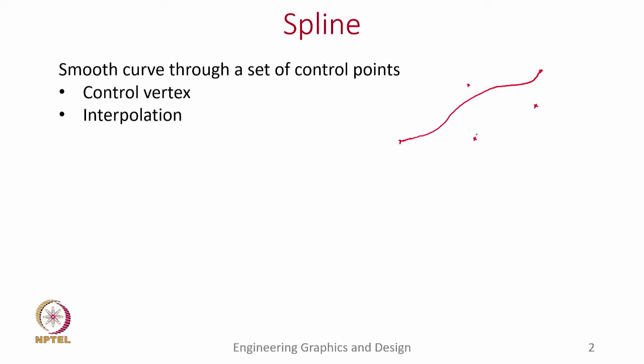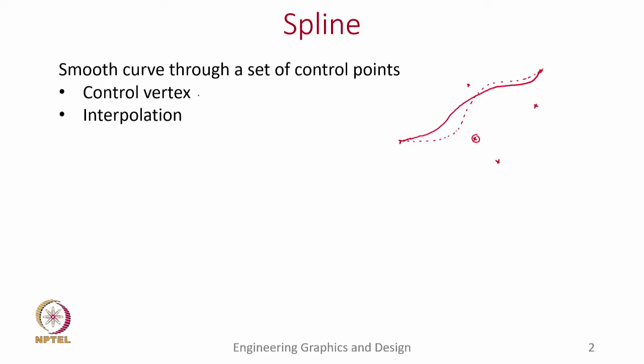So, for example, let us say this control vertex is moved further. So, you edit it and move it a little further. Then the shape of the curve will tend to move closer to the modified point. So, probably the curve will look something like this. Similarly, you can move other control points to modify the shape of the curve.